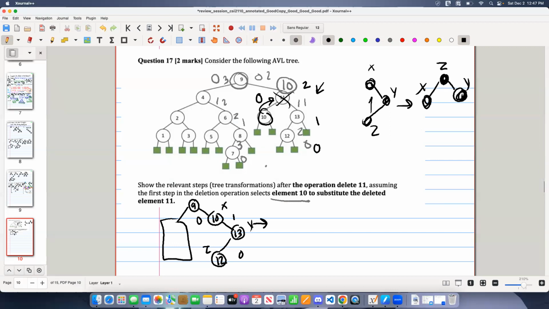You see here, it's in the middle, so Z becomes the middle. So in this case, it's gonna be 9, then we're gonna have 12, 13, and 10.